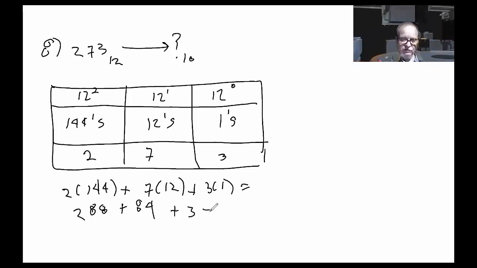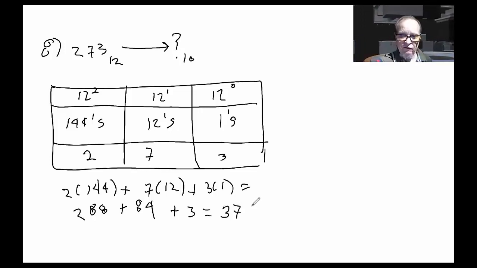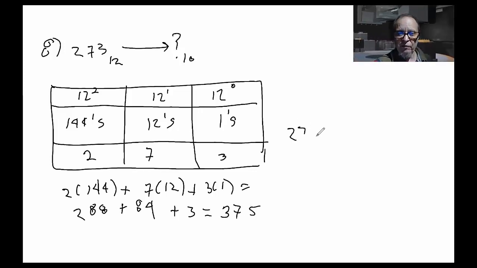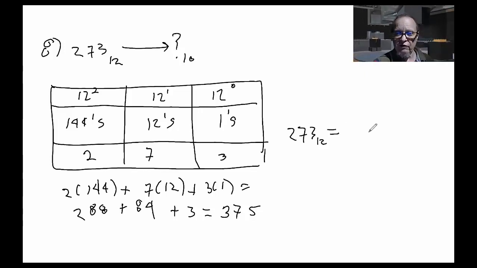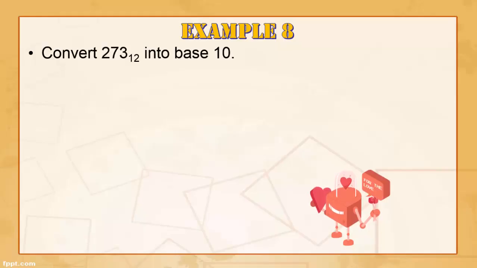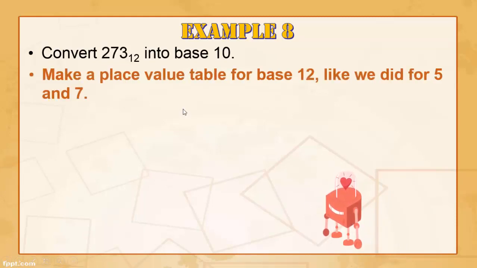And we add them all together and we get 375. So that means that 273 base 12 is the same as 375 base 10.